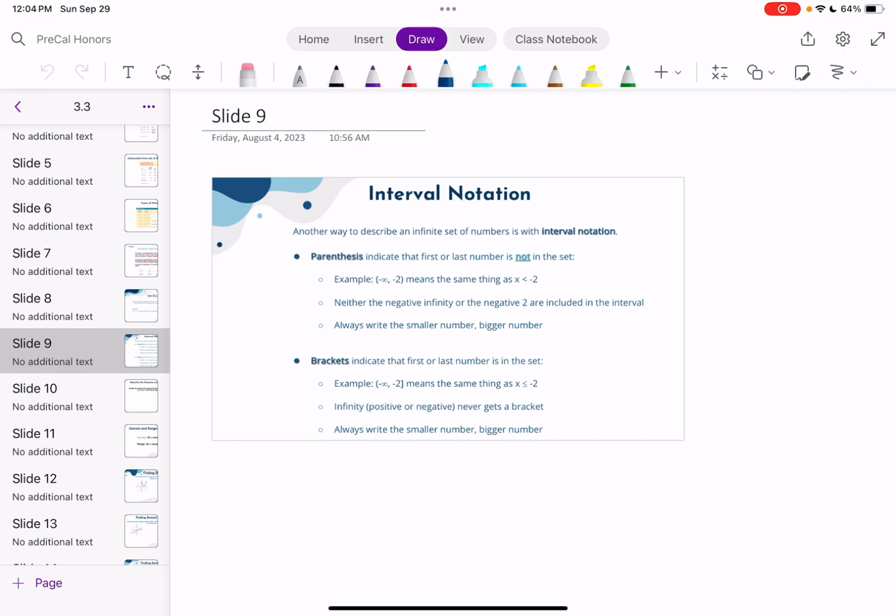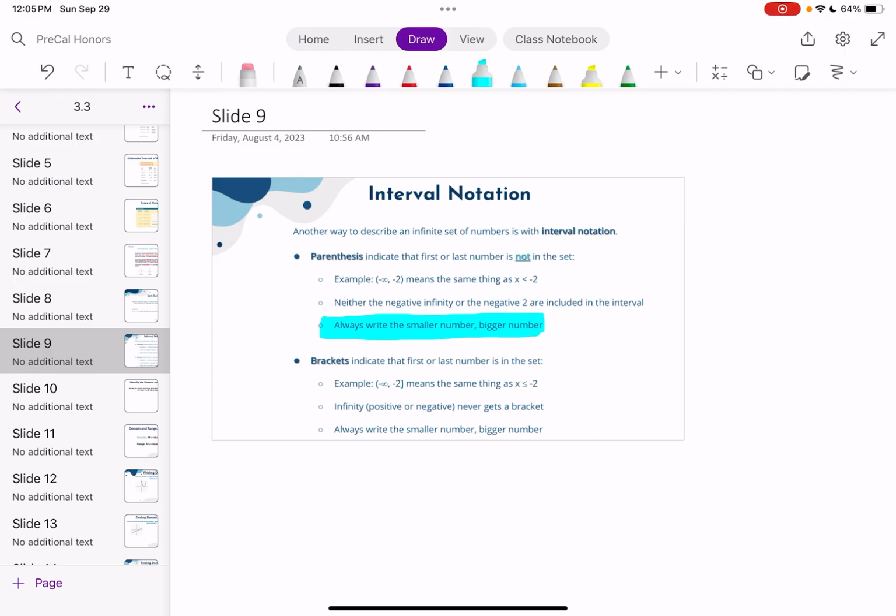So, how do we write our interval notation? It will always be the smaller number that gets written down first, and then the larger number gets written on the right-hand side. This will occur at all times. Now, if in interval notation we need to use a bracket, that means the same thing as using a less than or equal to or greater than or equal to sign.